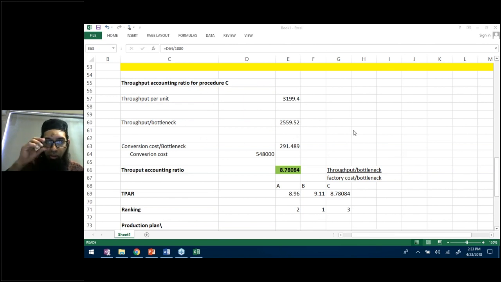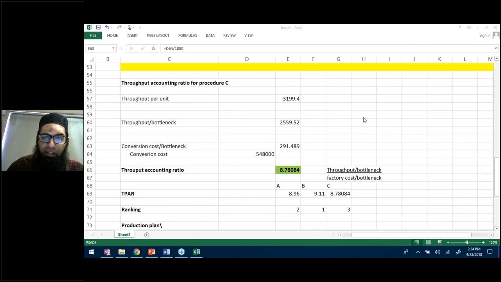Then there is one more question. At the throughput per hour, we have for A and B to calculate profit. Isn't it factory cost per hour? In the question, are they both the same, factory cost per hour and the throughput per hour? First of all, factory cost per hour is not the same.